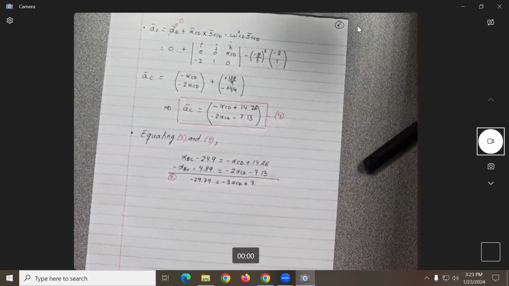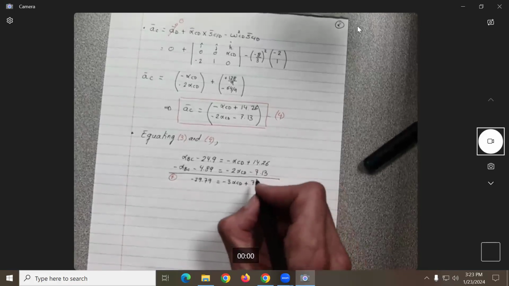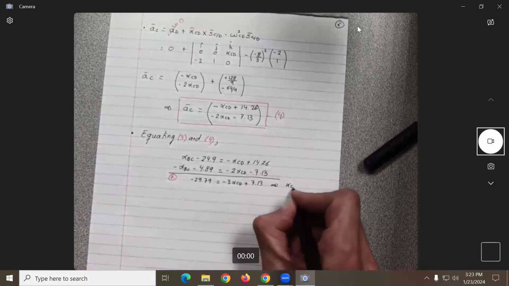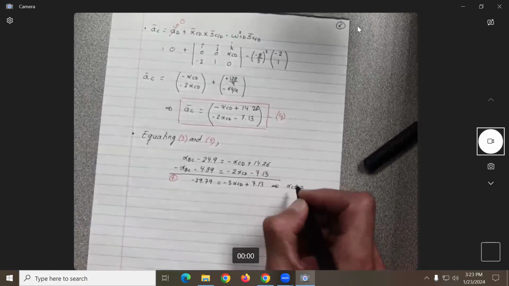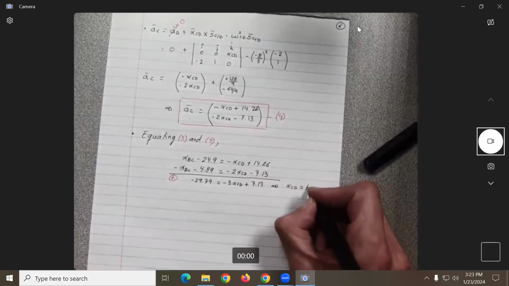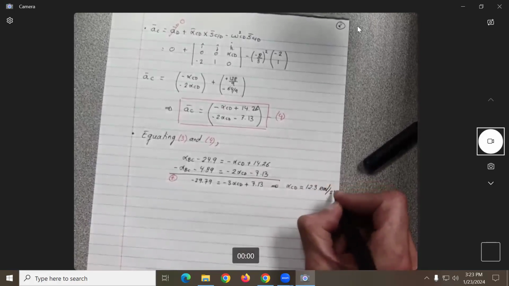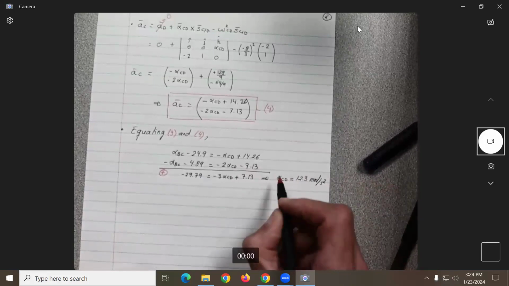I don't know. Yeah, 7.13, yeah. So basically this is going to give us the alpha CD equal to 12.3 radians per second squared.